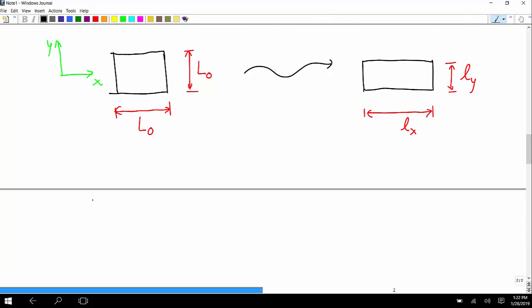Then to define the normal strains, epsilon xx, I usually call it exx because it has fewer syllables, is equal to the after-deformation length in x minus the initial, divided by the initial. And sometimes we'll call the deformed length minus initial length delta. So you can also call this delta x over L sub 0.